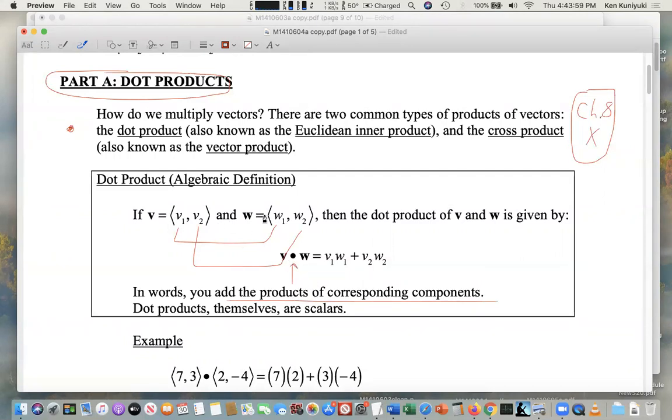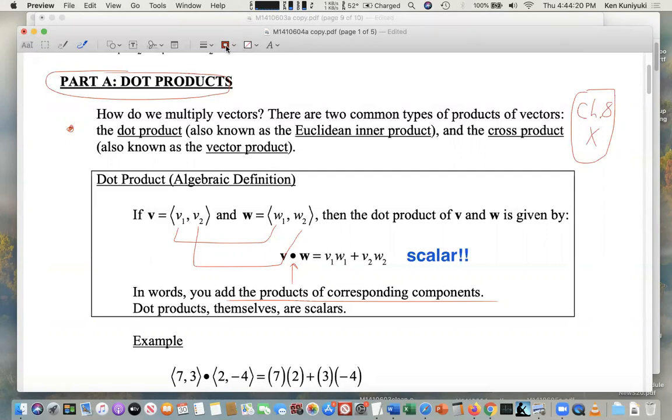When you take the dot product of these two vectors, notice, is this a vector or a scalar? Number times number plus number times number. Notice that the value of a dot product is a scalar. The dot product between two vectors is a scalar.